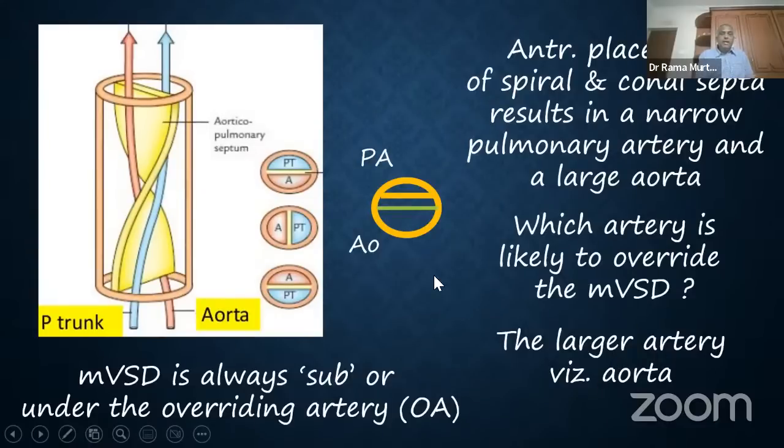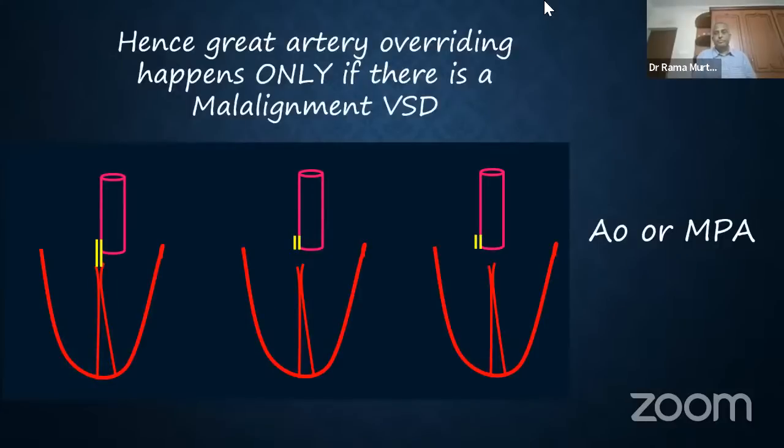It is generally the larger artery which overrides the malalignment septum. Similarly, if the septum were to be posteriorly displaced, you would get a larger pulmonary artery and a smaller aorta, and the pulmonary artery would override. So that is, very simply speaking, the understanding of why one artery overrides and is large, why the other great artery is narrow, and this is a simple way to understand, right?